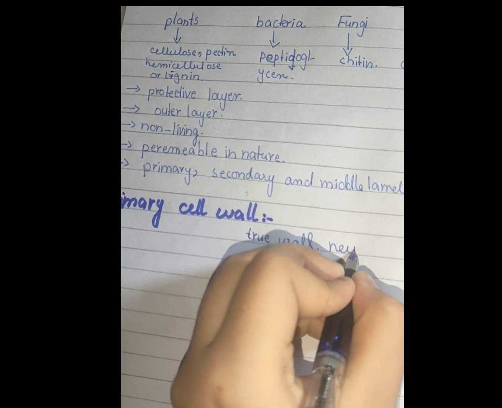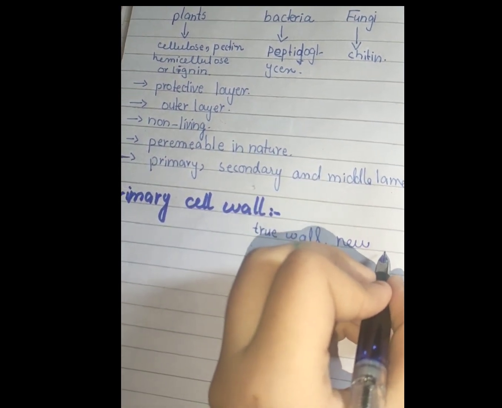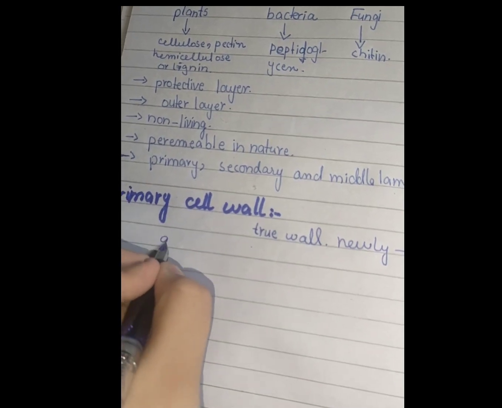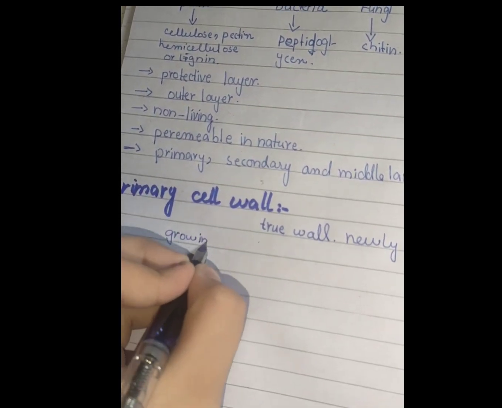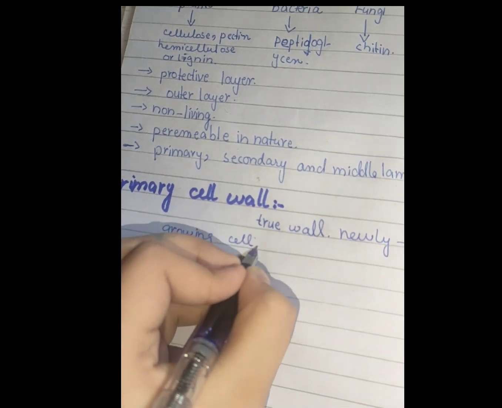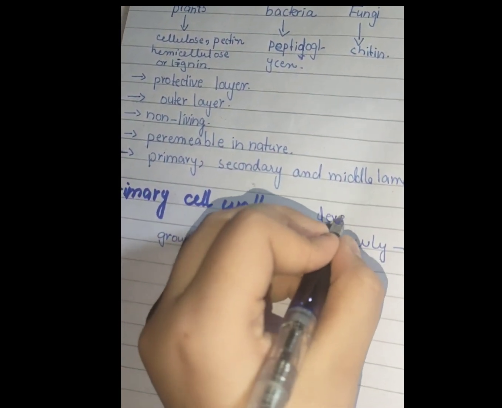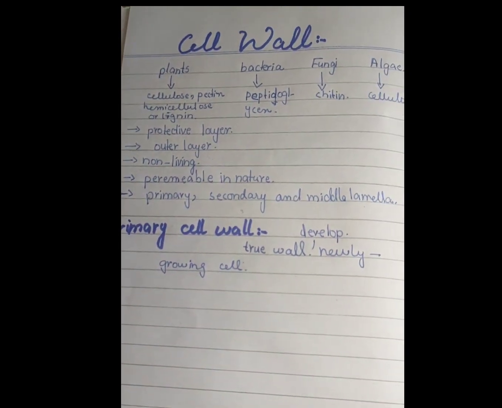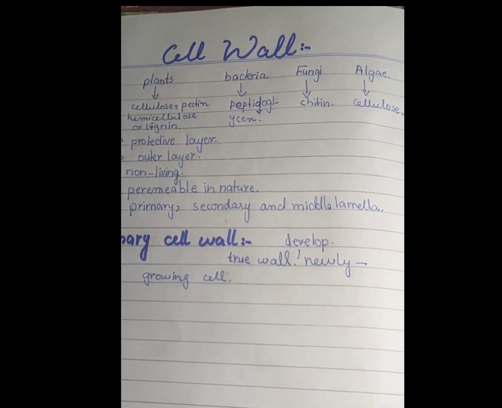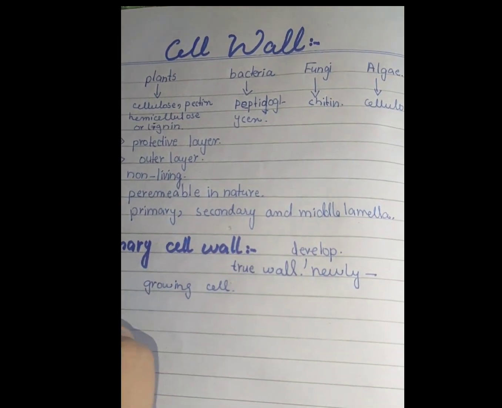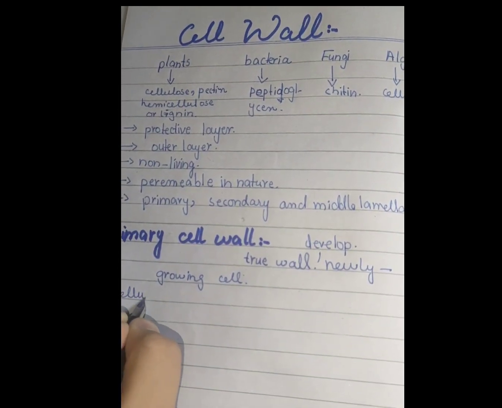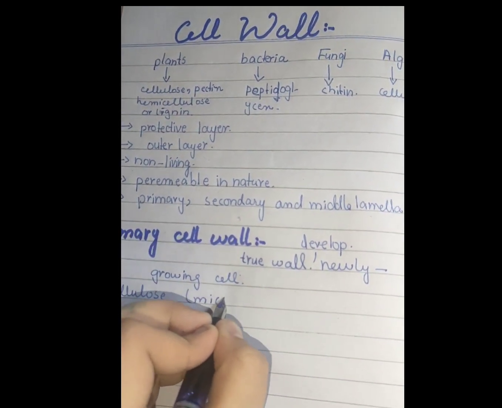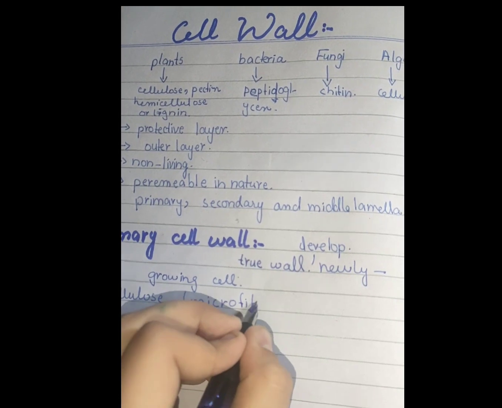Okay, and the primary cell wall is basically composed of cellulose microfibrils.